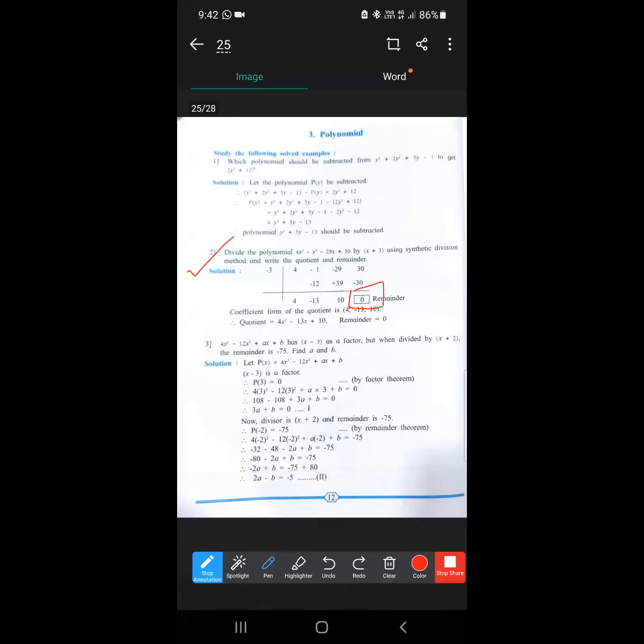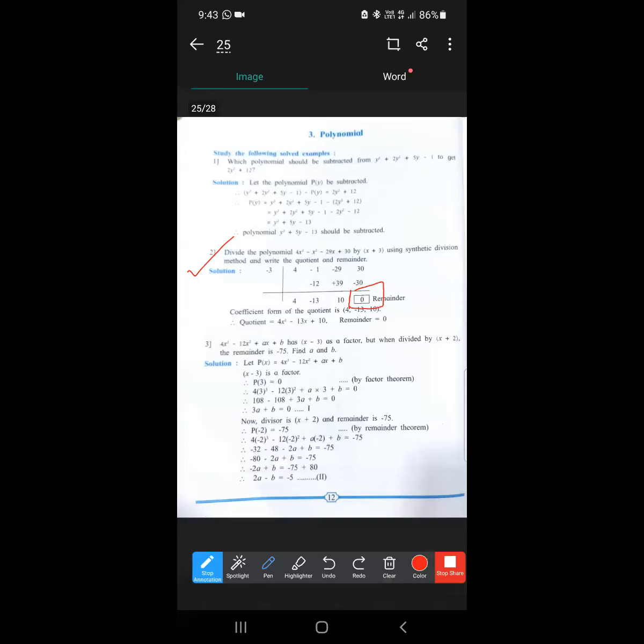It is highlighted so it is understood that that particular number is a remainder, whatever it is. It may be 0, it may be positive, it may be negative, whatever the number is, you need to make a box.